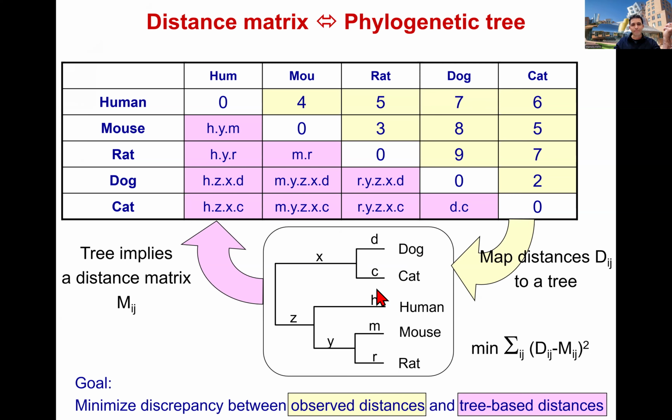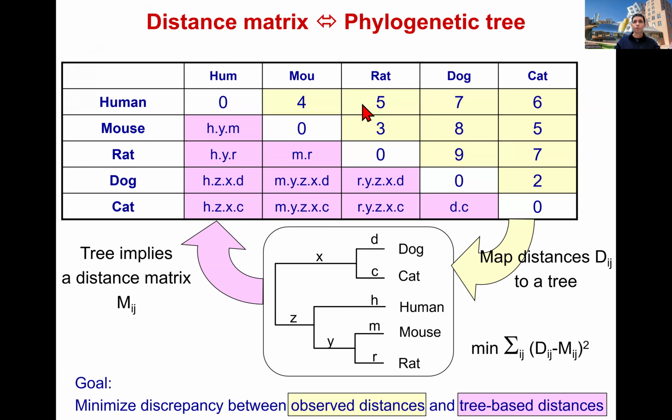And if that matches exactly the matrix distance that I had between human and cat, then I'm doing great. Can I get a 5, 4, 3, 2, 1 on this concept? Awesome. So that's basically fitting a tree to a matrix.